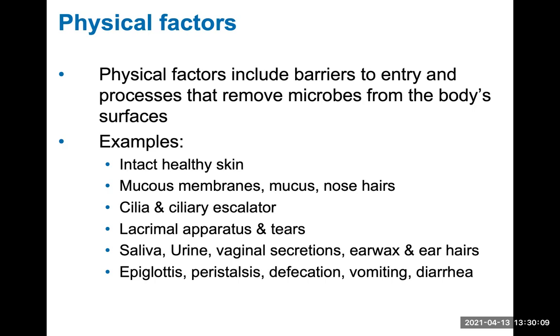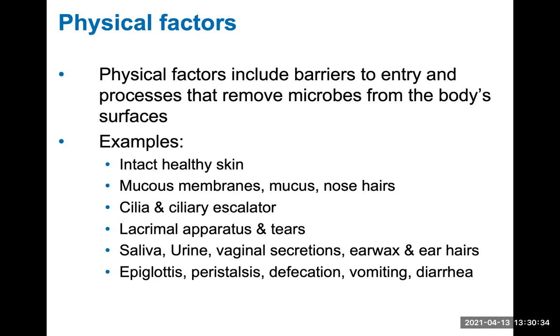You have cilia in the lower respiratory system that constantly sweep mucus up and out of the lower respiratory tract to keep it clear. You have in your eyes, constantly exposed to the air and all the microbes in the air, tears that are constantly removing those microbes.